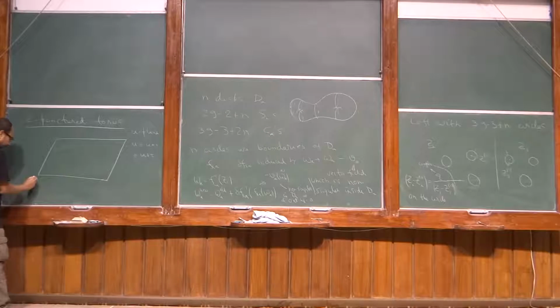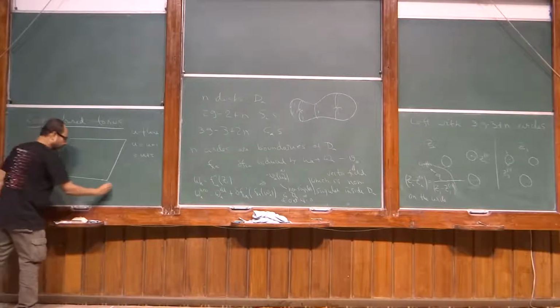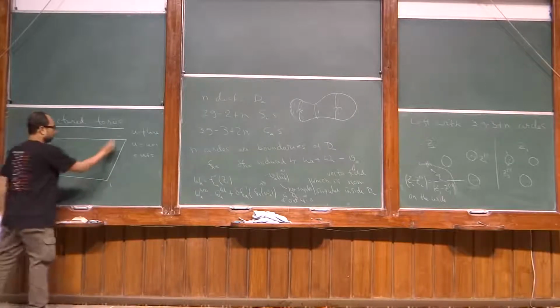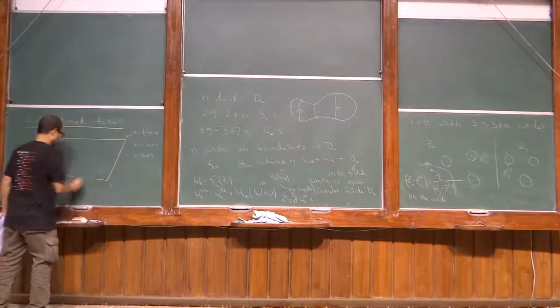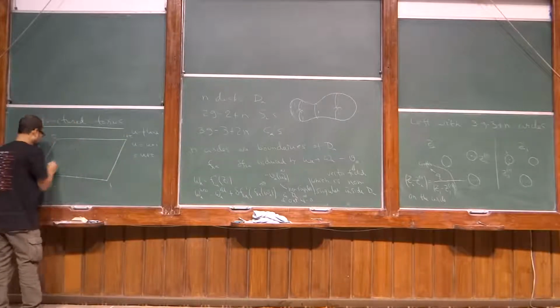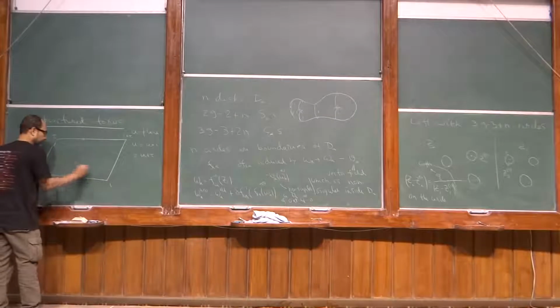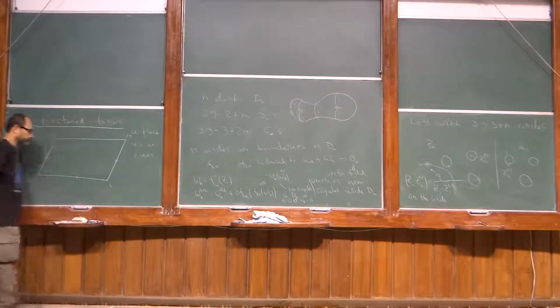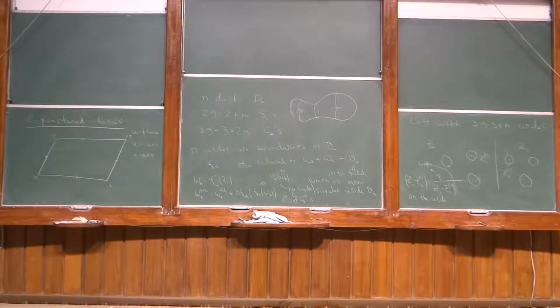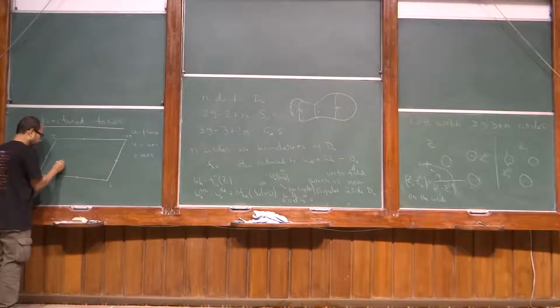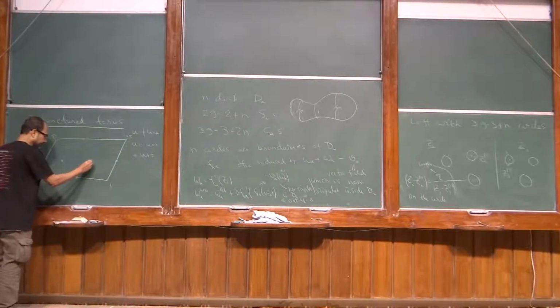So actually it doesn't matter, I can call this the origin also. 0, 1, tau and 1 plus tau. Here we identify this line with this line and this line with this line. Okay. So I want to take 2 punctures, say y1 and y2.